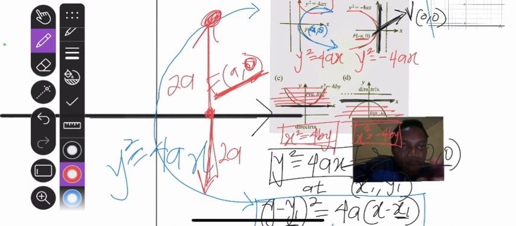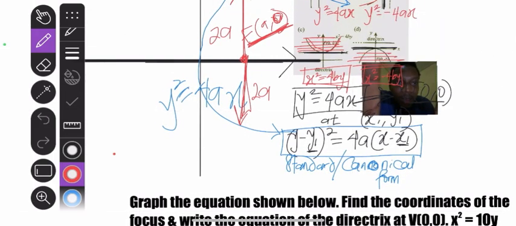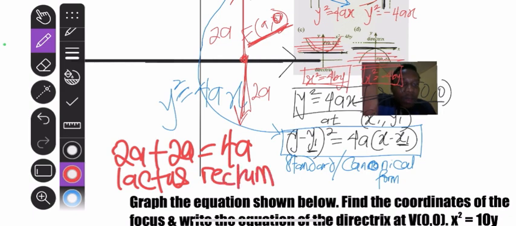So the latus rectum is this line here, and its expression is given as 2a plus 2a, which is 4a. The latus rectum is spelled like this.